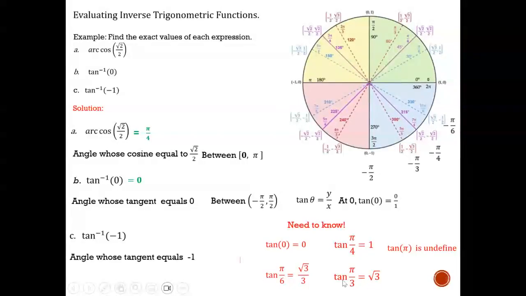So the answer here, guys, we see a 1 there, but remember that the range is between negative pi over 2 and pi over 2. So the answer must be at 7 pi over 4, which is equivalent to negative pi over 4. The answer will be negative pi over 4.